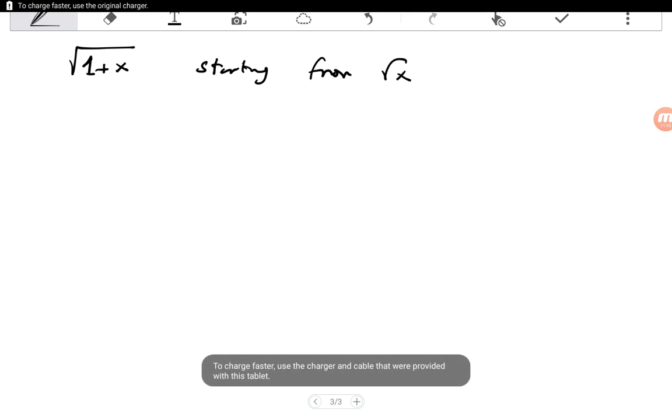Now I need you to make a graph of root of 1 plus x, starting from root x. I need you to make it now, with your pen and paper.